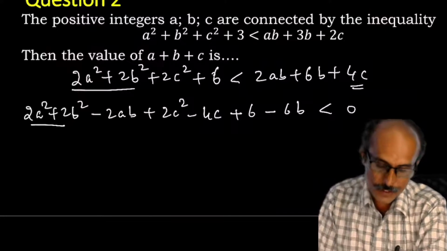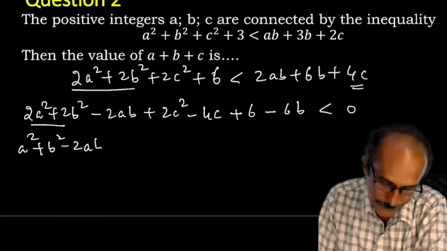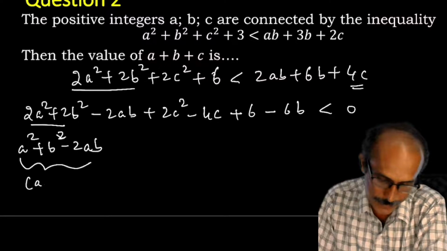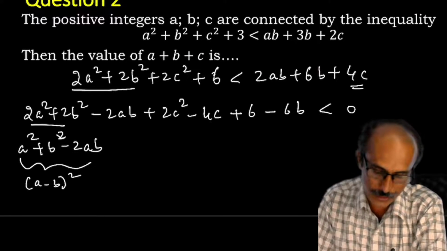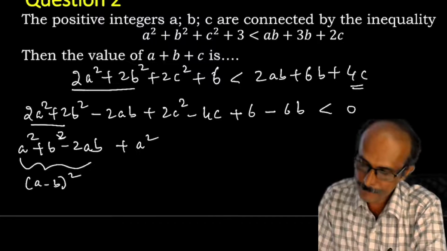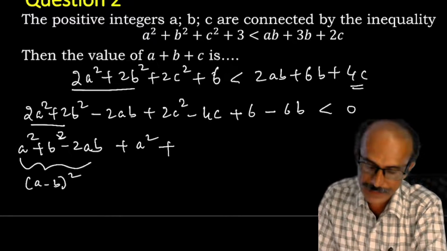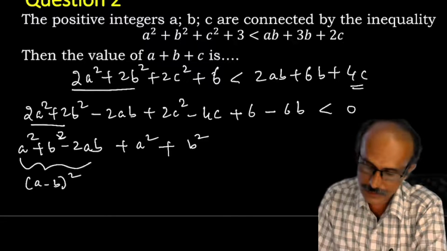Yeah. So let us break this again. a square plus b square minus 2ab, so that is a square, a minus b whole square. Okay. Now let us take the one more a square here, that a square remaining. Then let it be as it is. Now you go for terms containing b. So there is a b square there, right?